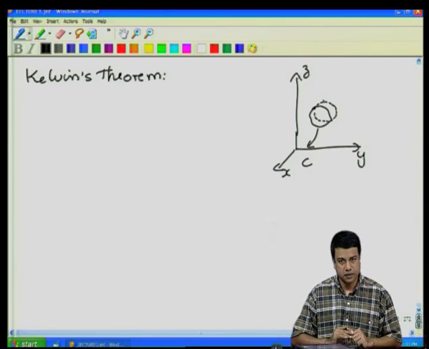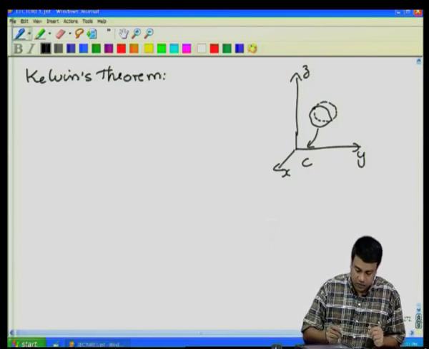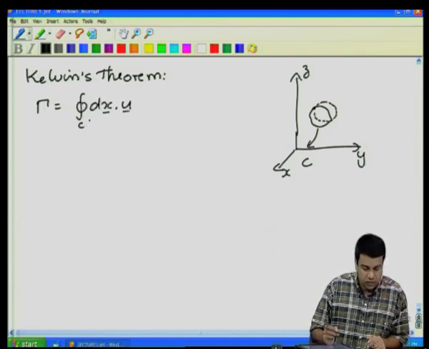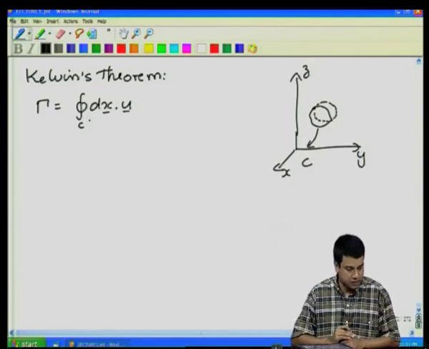Okay. The circulation on this loop is given by gamma is equal to the integral of dx dot u over this closed loop C. Okay.